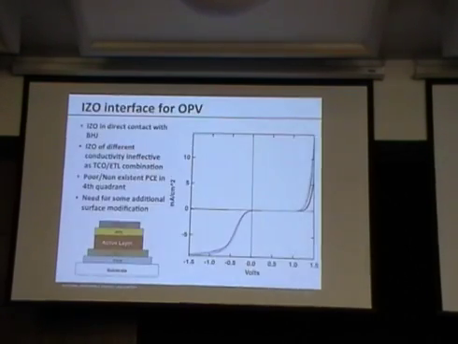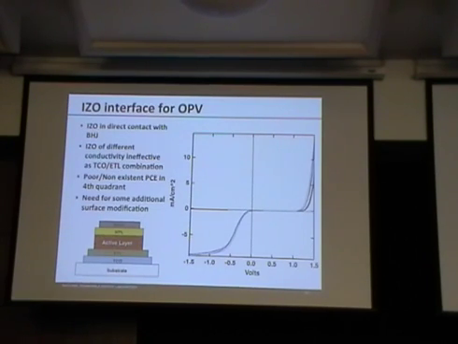Okay, so this is kind of the example. IZO is an amorphous oxide, has properties that are quite nice in terms of electrodes, has very similar electron affinity, work function, what have you, to zinc oxide. We can dope it heavily or not so much.